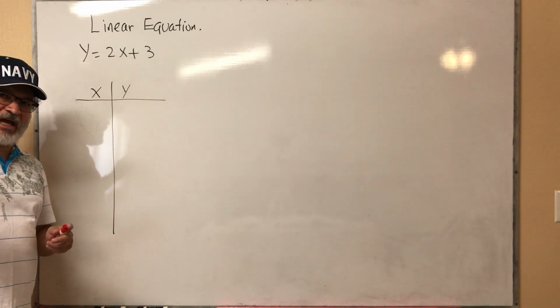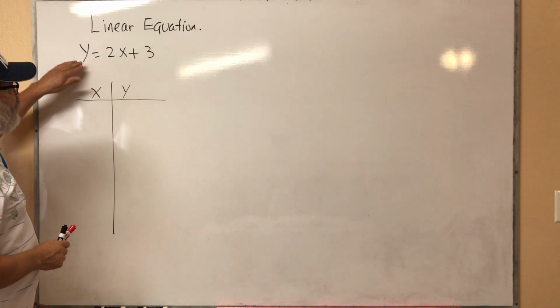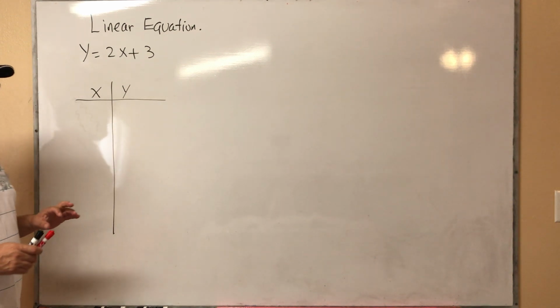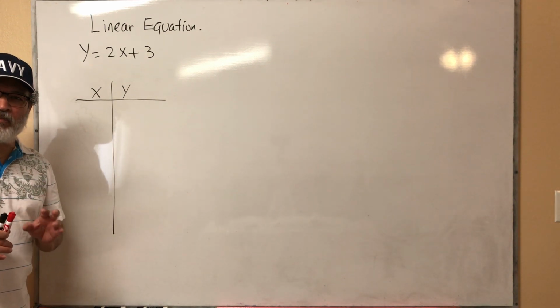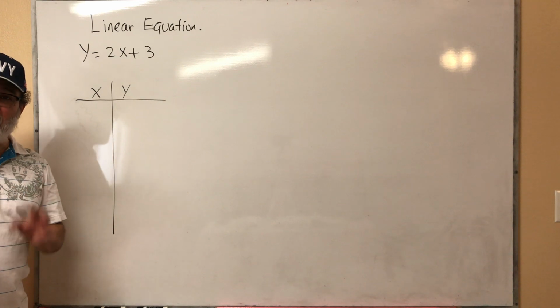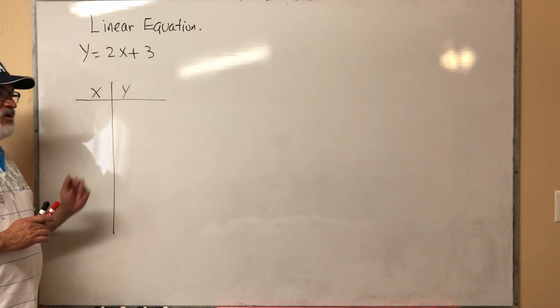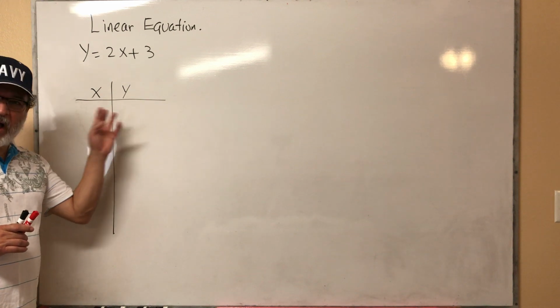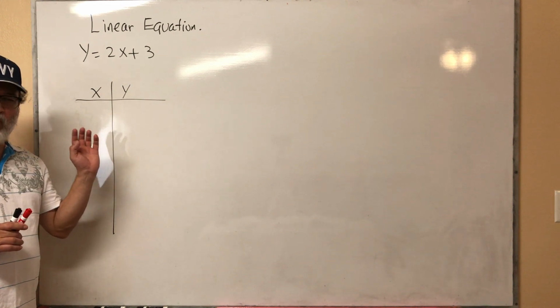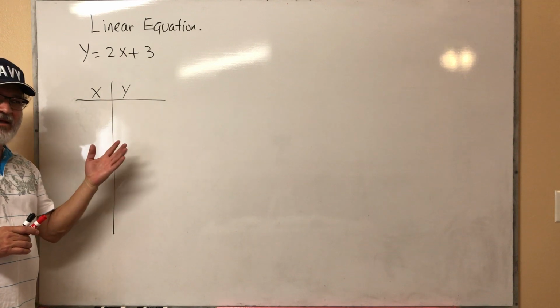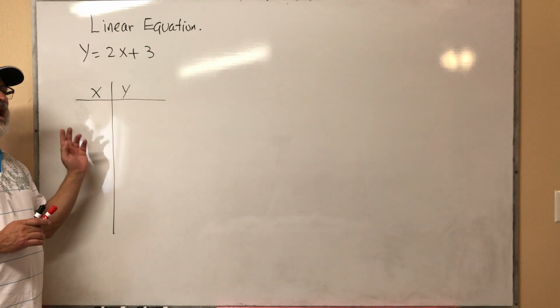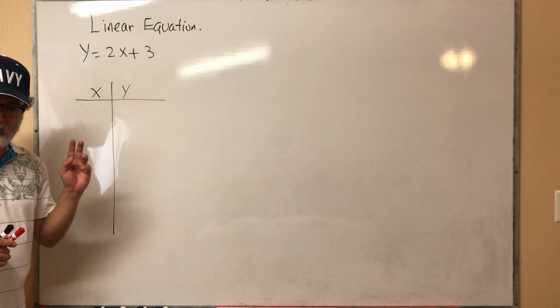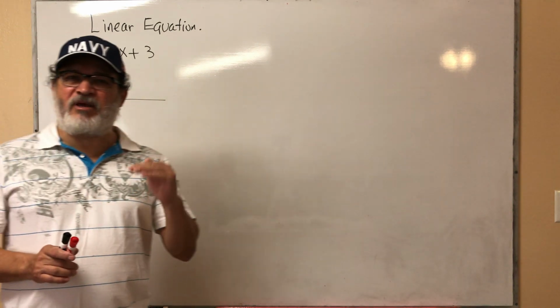And you have to understand that for this linear equation, solutions come in ordered pairs. A value for x is going to be paired with a value for y, or a value for y is going to be paired with a value for x. They always come in pairs.